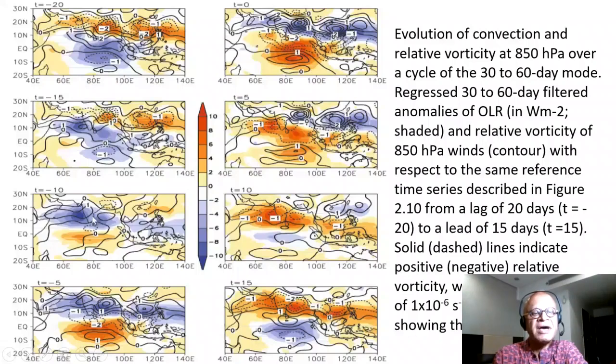You can see now by -10 it's here, and by -5 and at 0 active period you have the maximum action over here over the Bay of Bengal, but stretching all the way into the Pacific, and you have opposite phase here. And then as you go to +15, again the phase comes back to where we are here in the -20 phase.